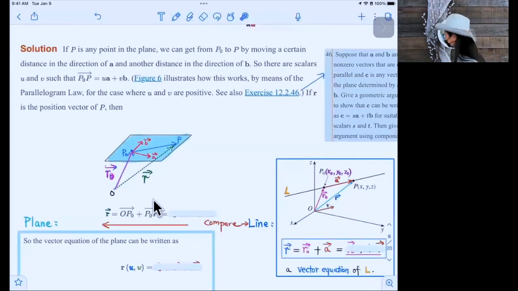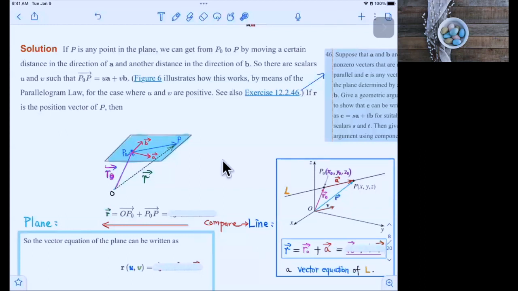Now I'm gonna ask you, what is this R over here? This R here is the position vector of this point P. So I'm trying to write a vector equation for this plane.